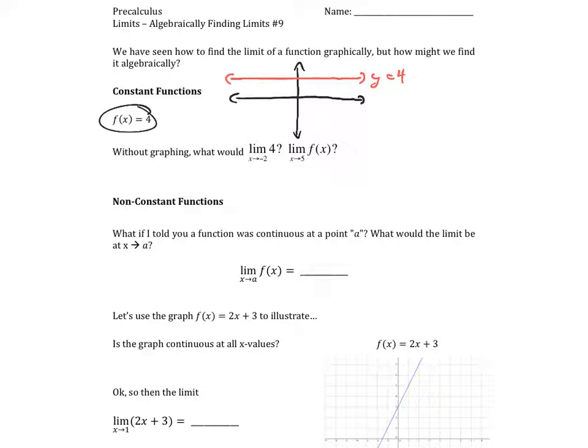So the question is, for a constant function, if I asked you something like, what is the limit as x approaches -2, or what is the limit as x approaches 5? What would the limit be? Well, notice the notation. Here I say, what is the limit as x approaches -2 of 4? Which means the function is 4. Well, looking at the graph, everywhere the y value is 4.